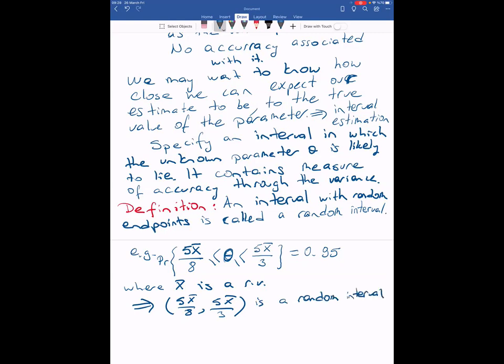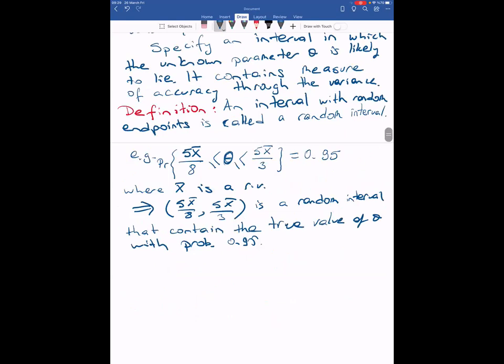A random interval that contains the true value of theta with probability 0.95. Okay, so let's say we get the sample and we estimate our sample mean as 4.